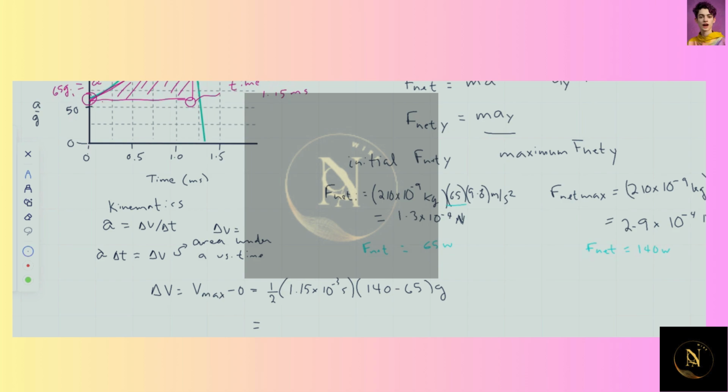And working that out will give us the final speed in meters per second. We'll have units of meters per second squared canceling with seconds.